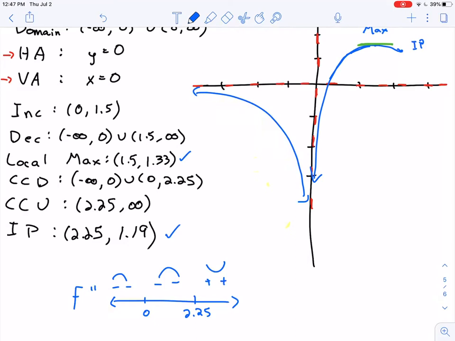After that, what happens? Well, our function takes a turn. Now it's concave upward. And what else is going on there? From 1.5 to infinity, we said our function was decreasing. So our function is decreasing. We're looking at the left-hand side there, looking at something like this.